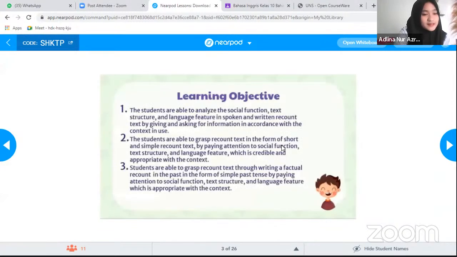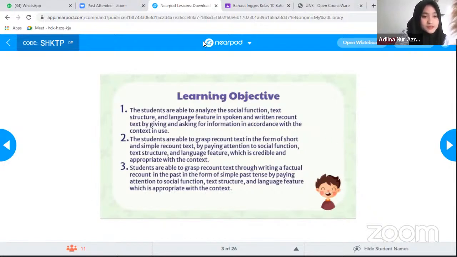Before going to the material, let us know the learning objectives of this subject. The first is that students are able to analyze the social function, text structure, and language feature in spoken and written text by giving and asking for information in accordance with the context in use.